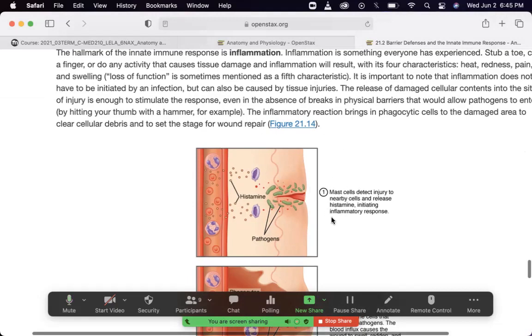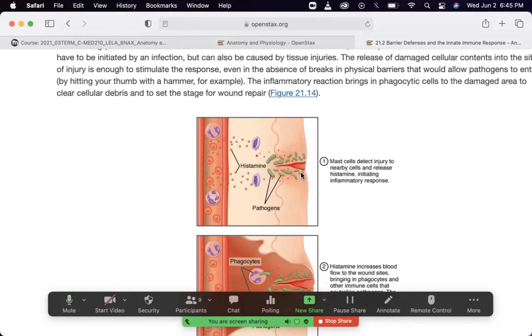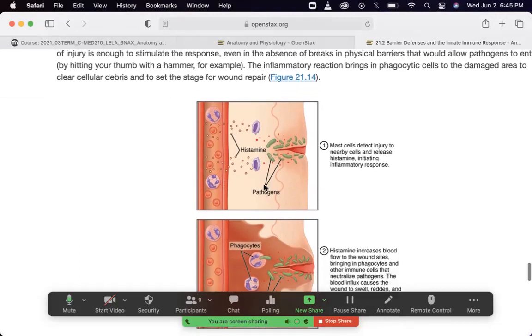Mast cells. Now, mast cells are just like macrophages and NK cells. They're not too bright. All they know is damage, release histamine. Now, histamine, that's that chemical that initiates and then prolongs the inflammatory process.